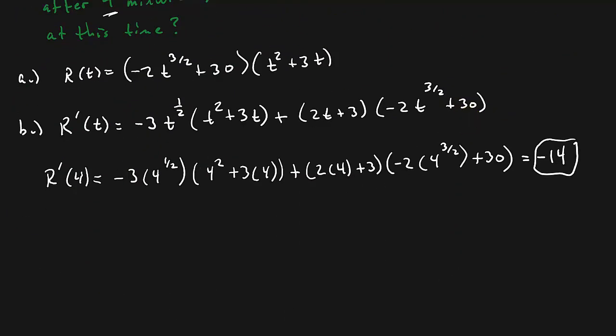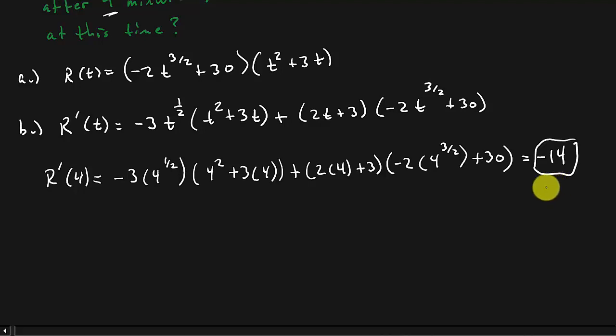So the revenue is changing at negative $1,400 per month, and they want to know, is it increasing or decreasing? Well, since it's negative, that means it's decreasing.